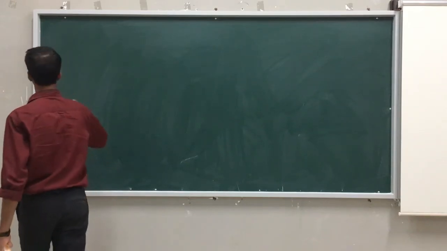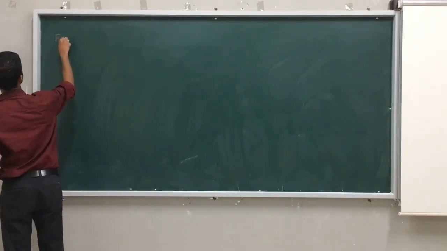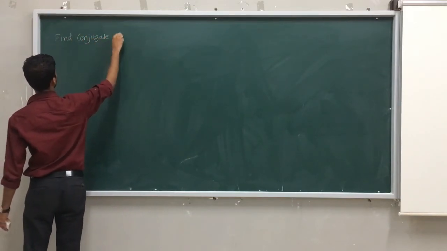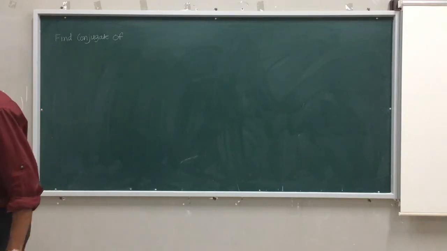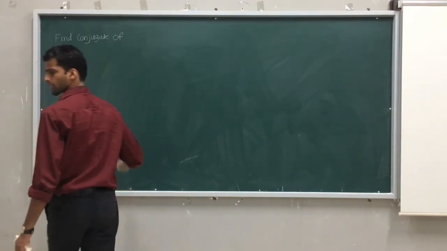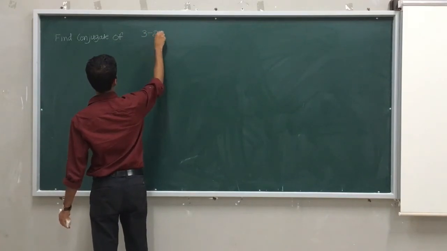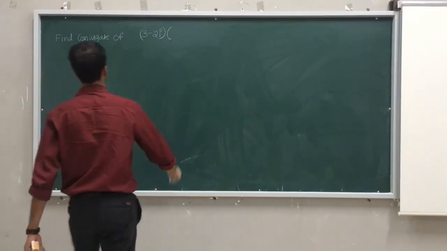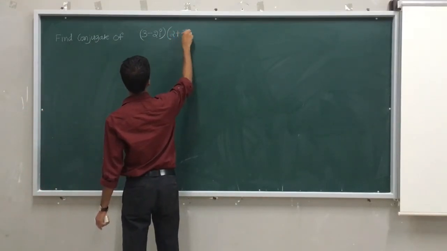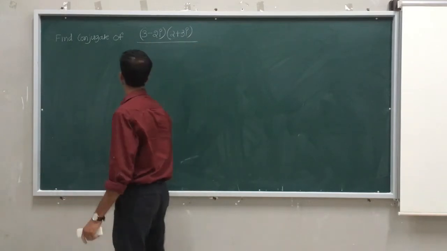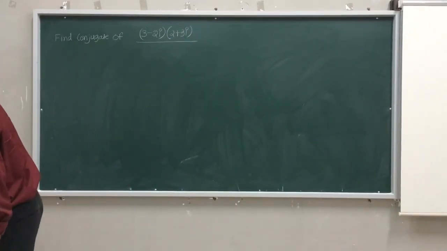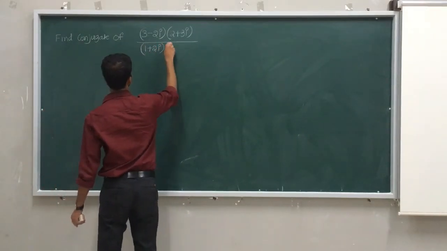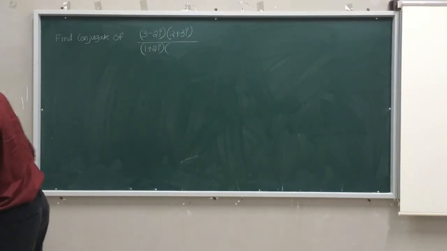There is one question given: find the conjugate of 3 minus 2i into 2 plus 3i, divided by 1 plus 2i into 2 minus i.